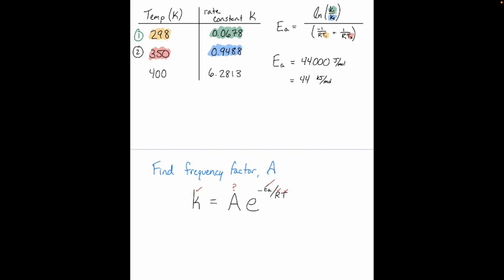You have to square away your units of energy. So you could either convert R to kilojoules, or you could just use the 44,000, in units of joules. But absolutely, make sure your units all square away for energy.